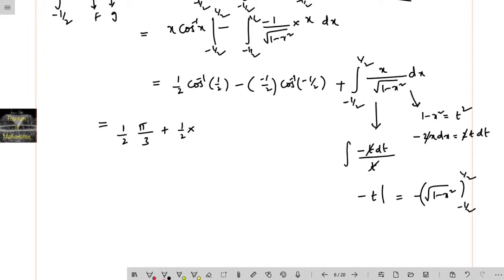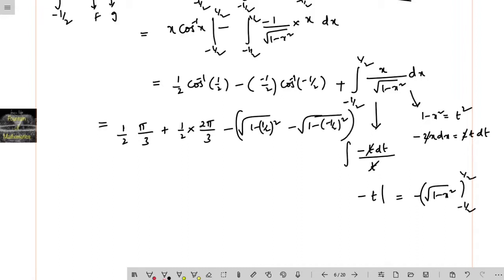Cos inverse of minus 1 by 2, taken from 0 to pi in the second quadrant, is 2 pi by 3. And here it comes minus the root of 1 minus 1 by 2 whole square, and minus root of 1 minus minus 1 by 2 whole square.